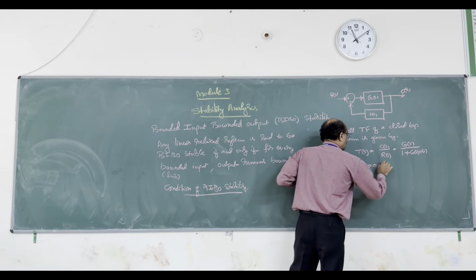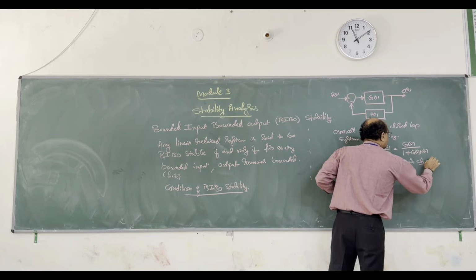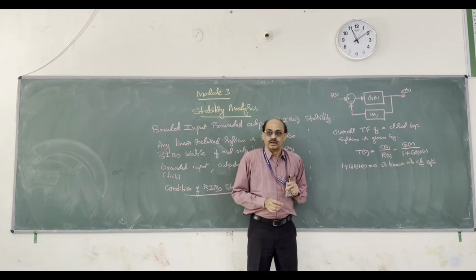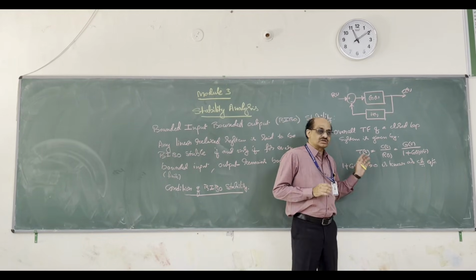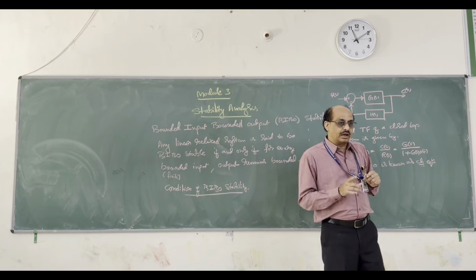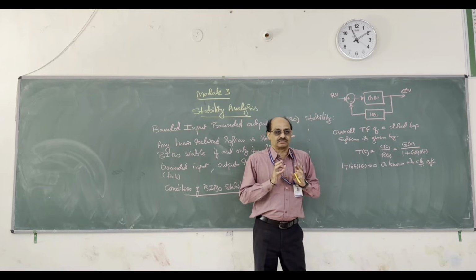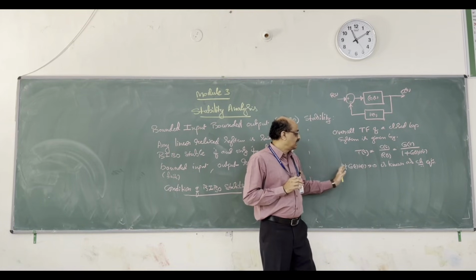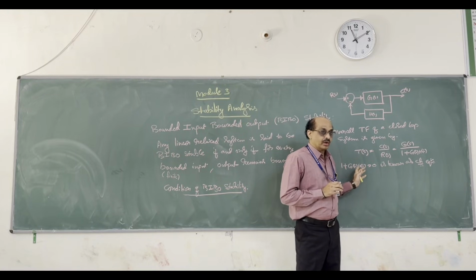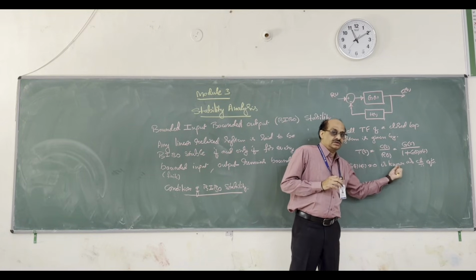1 plus G of S H of S equal to 0 is known as the characteristic equation of the given system.